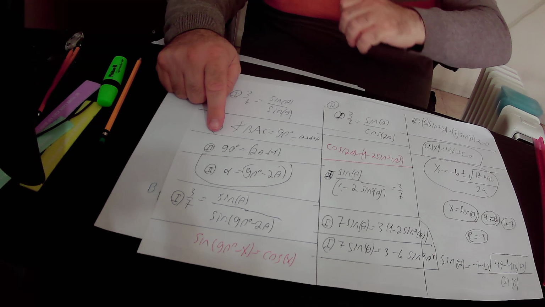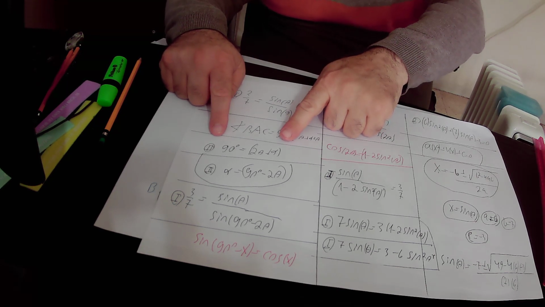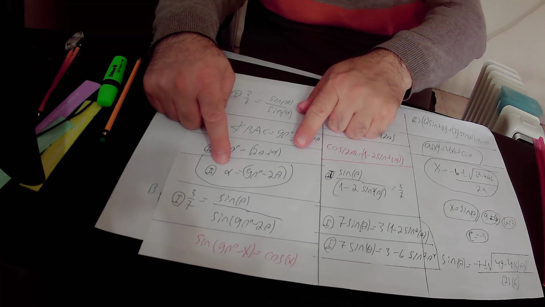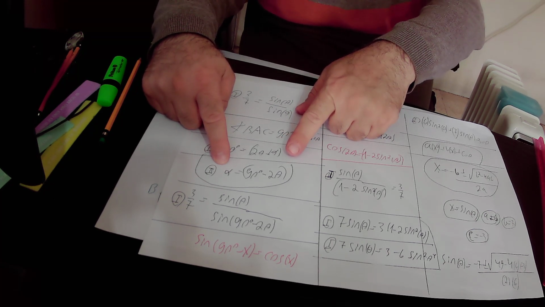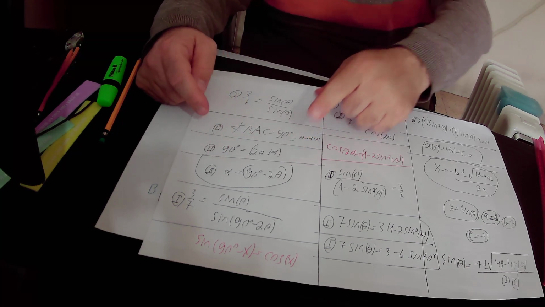We'll subtract 2 theta from equation number 2, and we will get that alpha equals 90 degrees minus 2 theta.